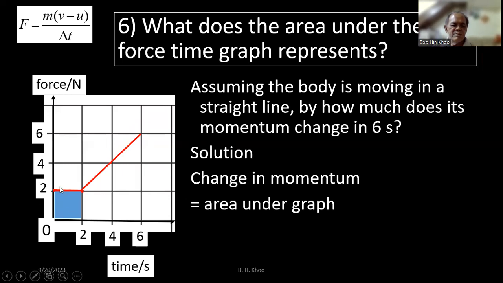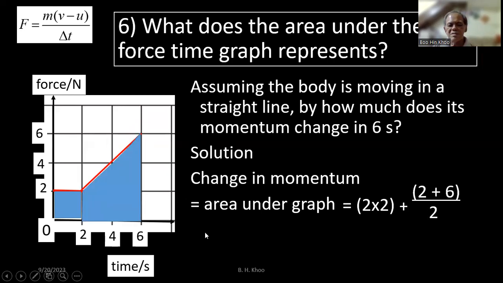That rectangle, 2 times 2, then the area of this trapezium, that's your 2 plus 6, times the vertical height, 6 minus 2 is 4, halved. Calculate out, 20 Newton second.